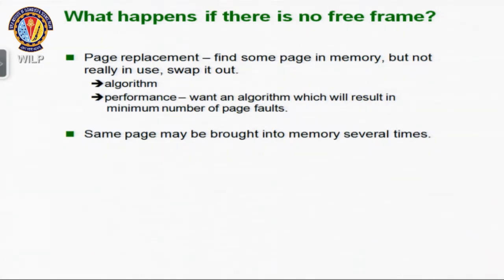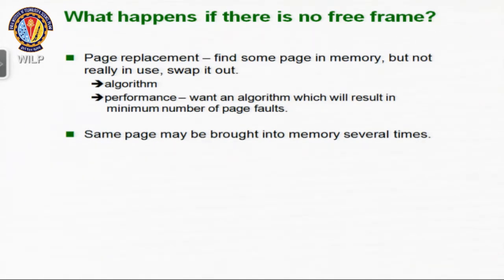The question is that we would need a strategy for selecting an existing frame for the purpose of swapping in the information. This gives rise to several algorithms. We will see what those algorithms are.